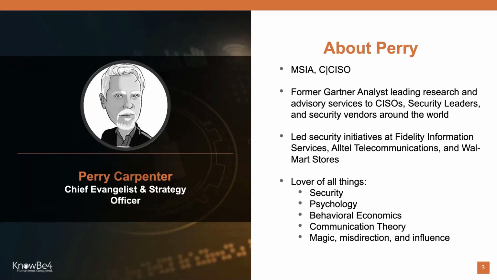The reason is that in a lot of the positions I was in, I either went out and bought technology, or I was helping other people buy and implement technologies that were all around keeping bad guys out and keeping infrastructure secure.